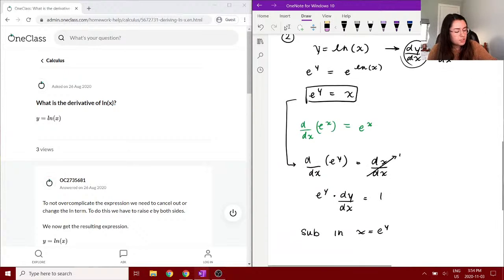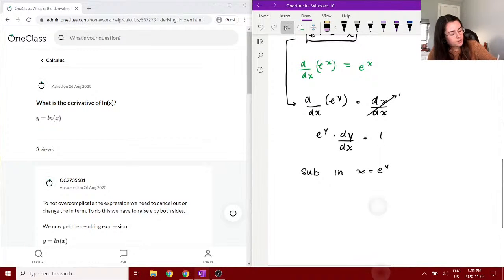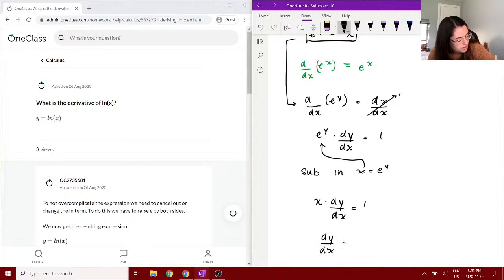So we can actually just sub that back in for x, and then we'll get, subbing that into here, x times dy by dx is equal to 1, or dy by dx is equal to 1 over x. And this effectively is the derivative of ln x.